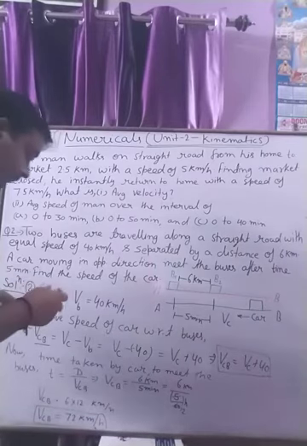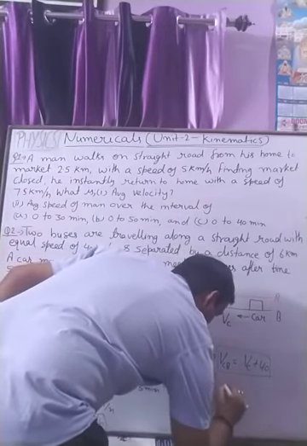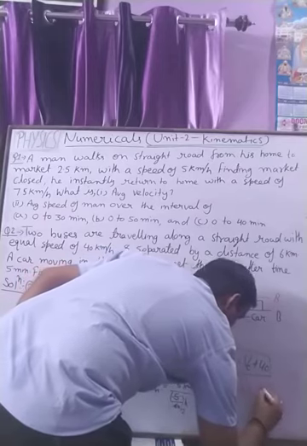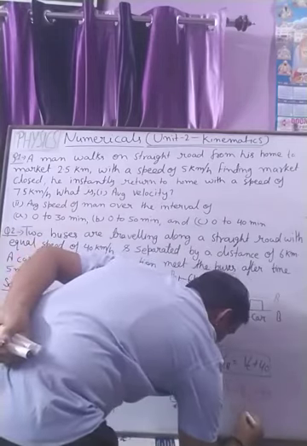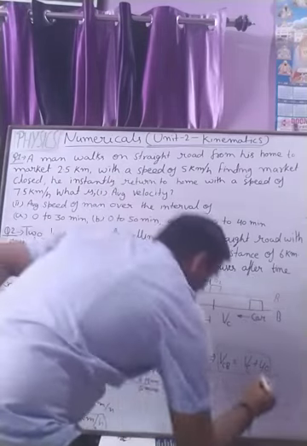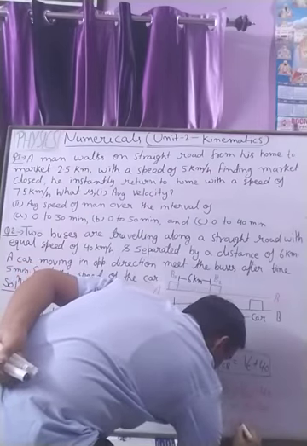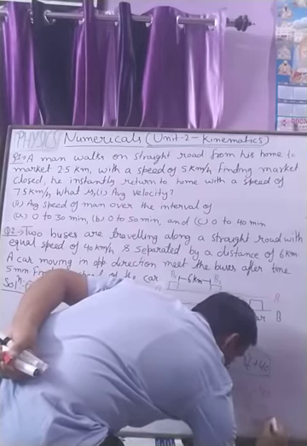Now by this formula we can calculate VC equal to VCB minus 40, which is 72 minus 40, and the final result is VC equal to 32 km per hour.